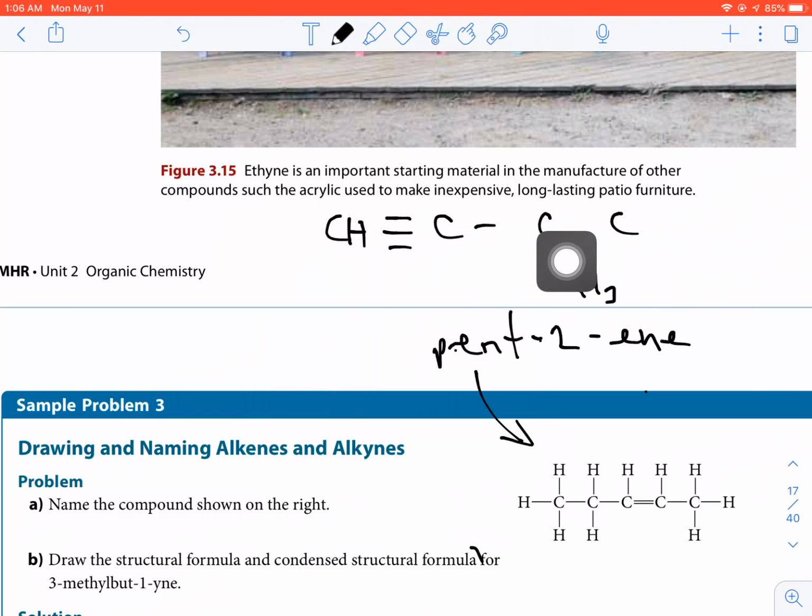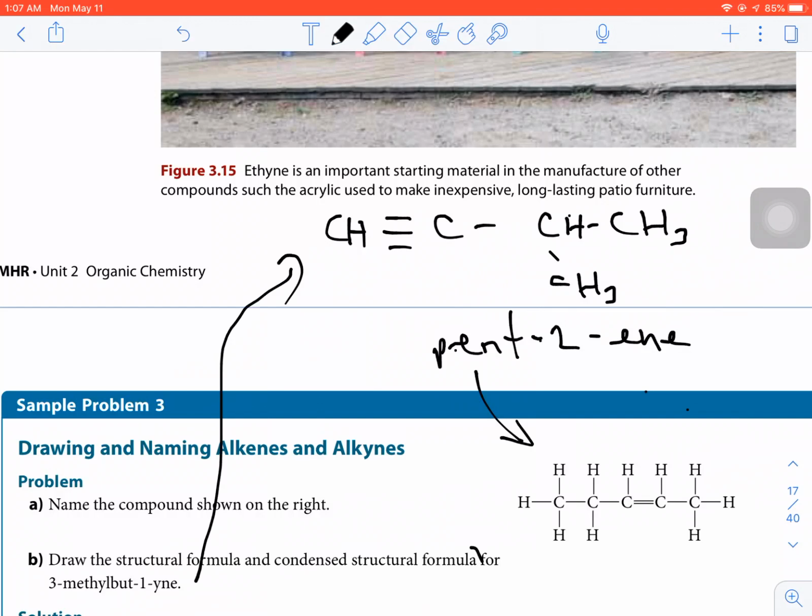This third carbon here has 1 bond to carbon, 2 bonds to carbon, 3 bonds to carbon, so it needs a hydrogen. And then my terminal carbon here has a methyl group, a CH3 group. So, what do I have? I have 3-methyl-but-1-yne.